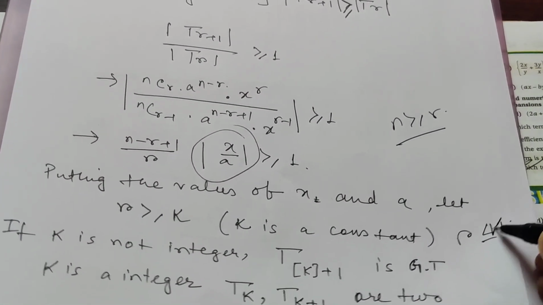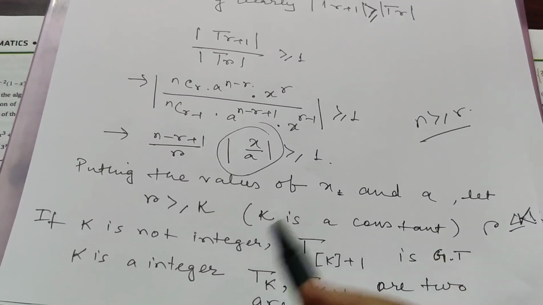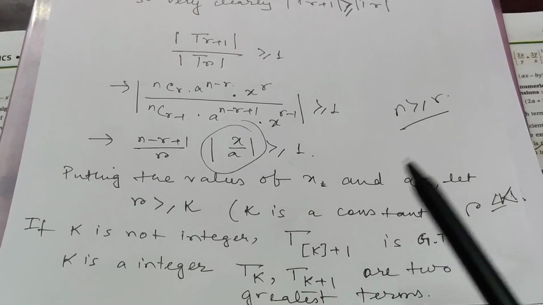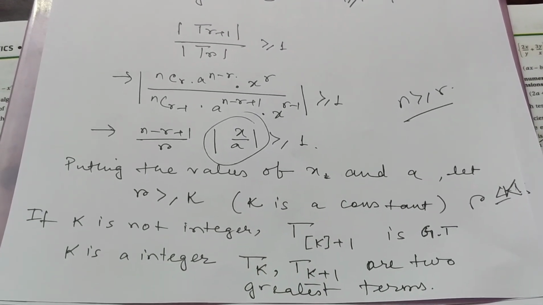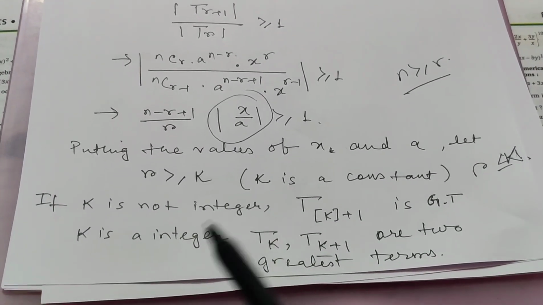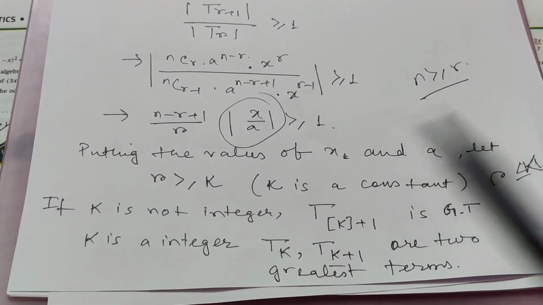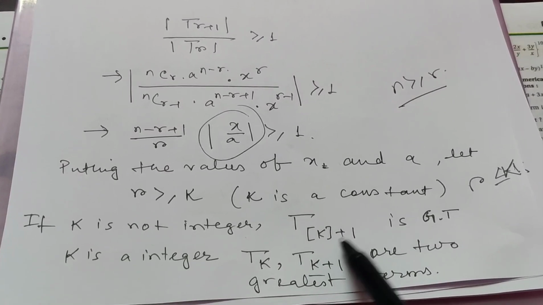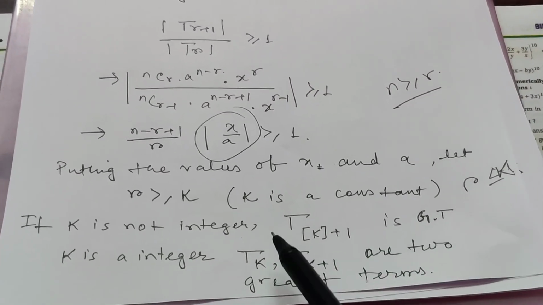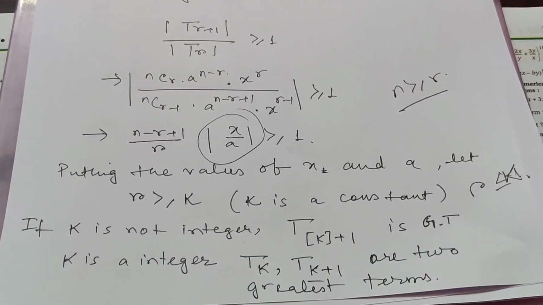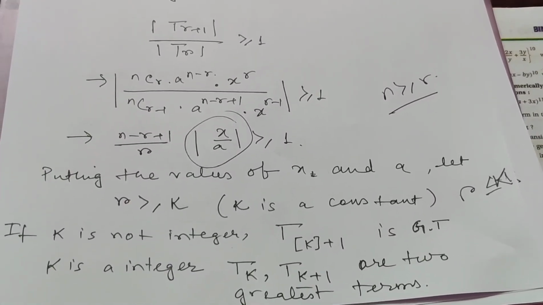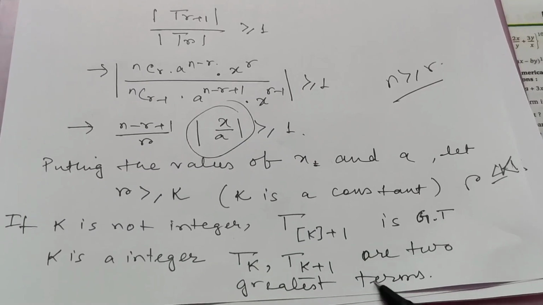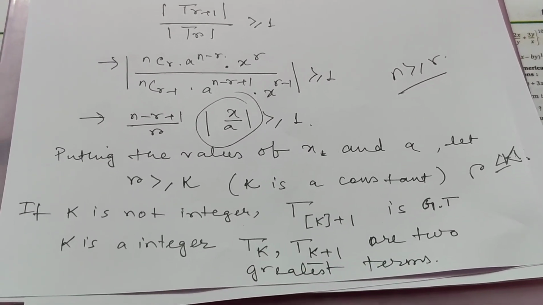Whatever solution we get, k is a constant, but it may or may not be an integer. Suppose k is not an integer, then t(floor(k)+1) is the greatest term. Suppose k is 9.2, then floor of 9.2 means 9, so t(9+1), that means t10, will be the greatest term.